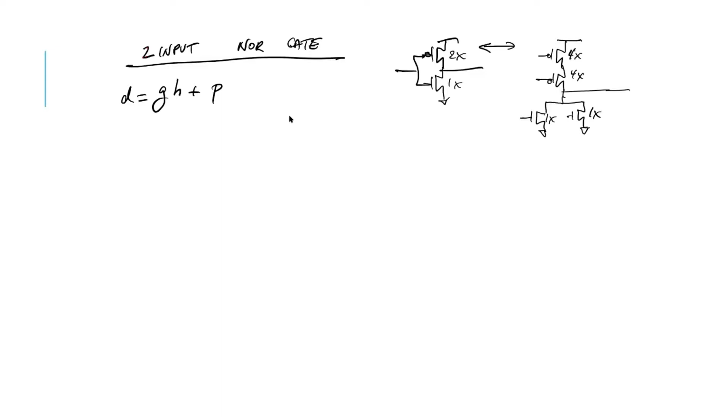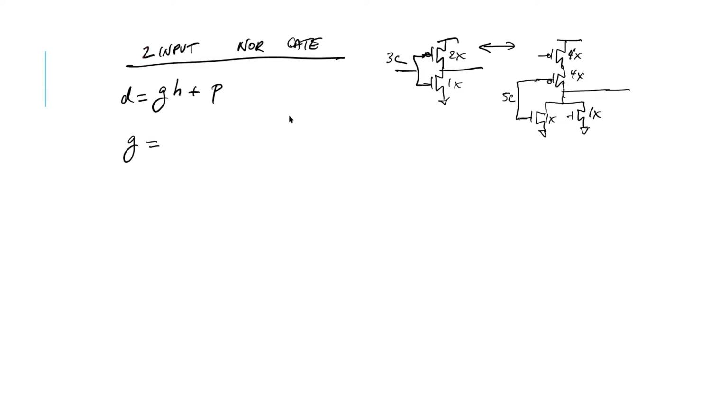Then G is the ratio of this gate capacitance. Let's pick this one. This is 5C, 4 for the PMOS, 1 for the NMOS. And again, the input of the inverter has 3C, 2 for the PMOS, 1 for the NMOS.